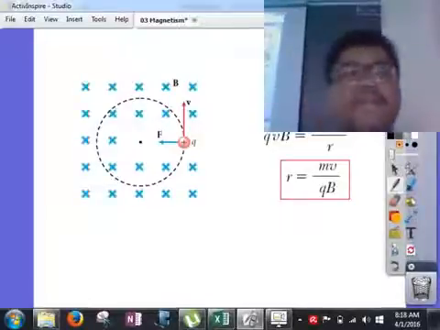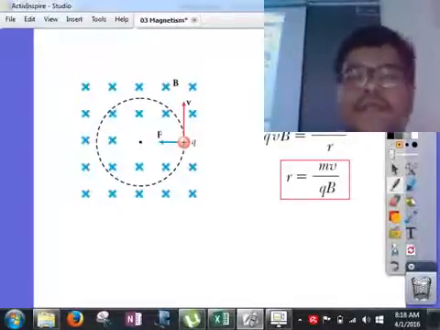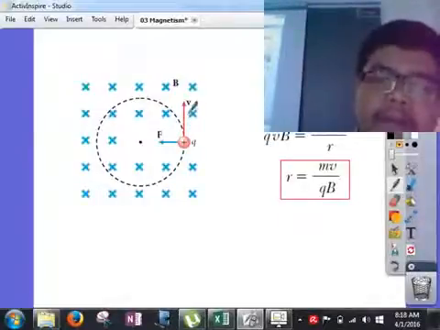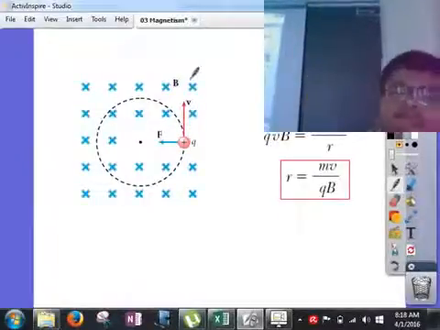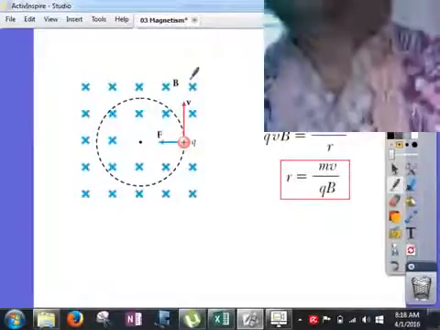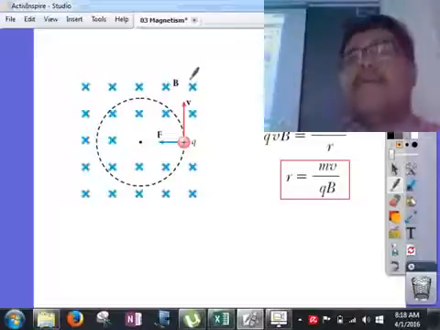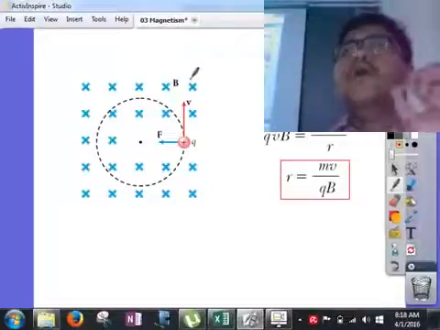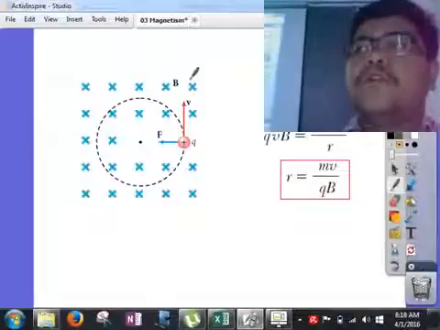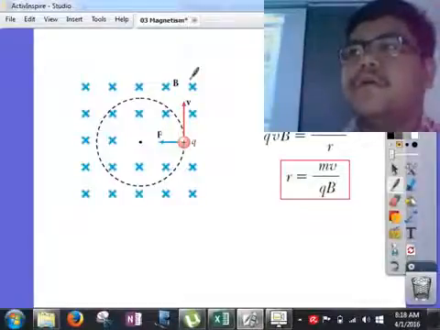So, for example here, a charge that is moving upward inside the area with uniform magnetic field that is directed inside the paper or goes away from us. Pak, kalau ini mendekat atau menjauh? What do you think? Mendekat.